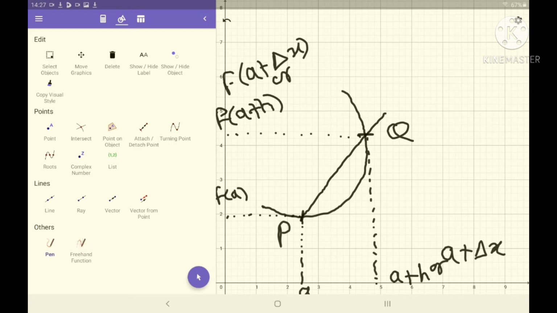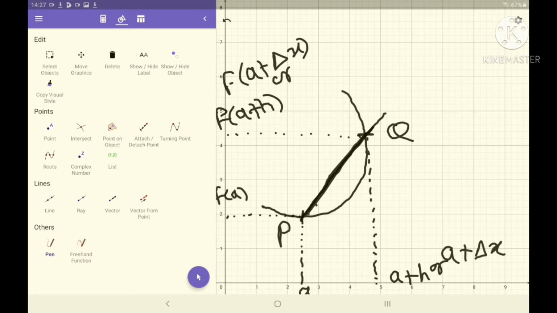Now see, you can see this chord, and this chord is between point P and point Q.